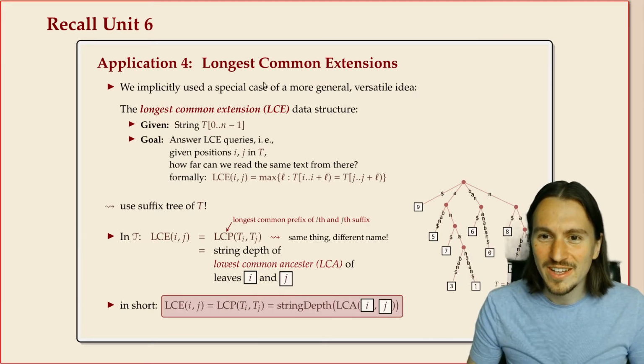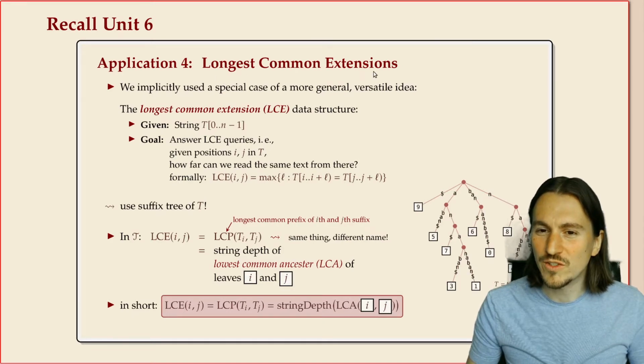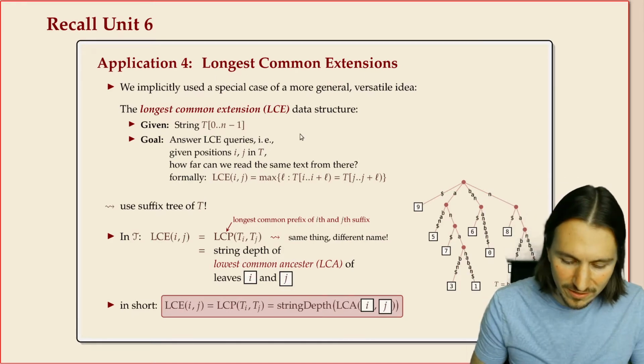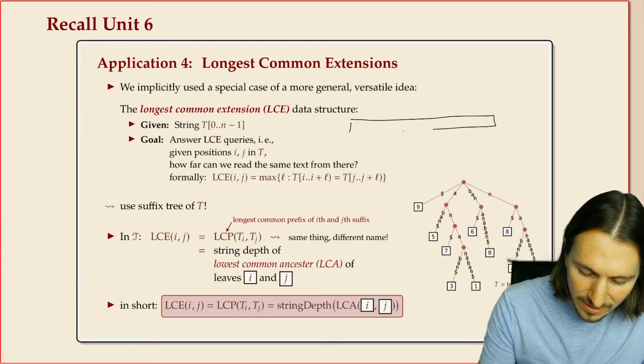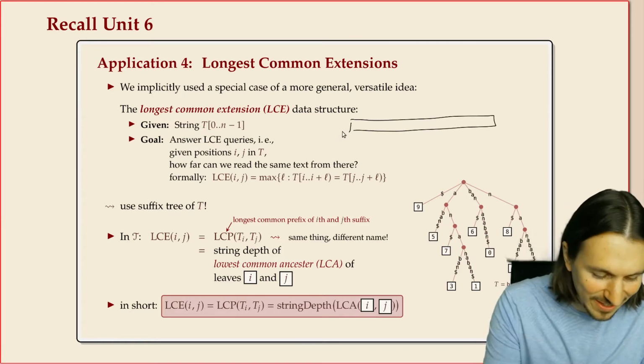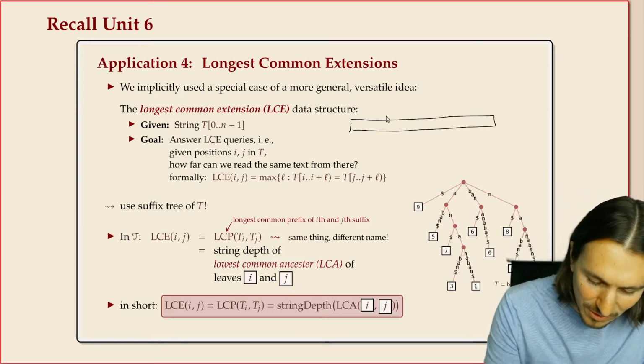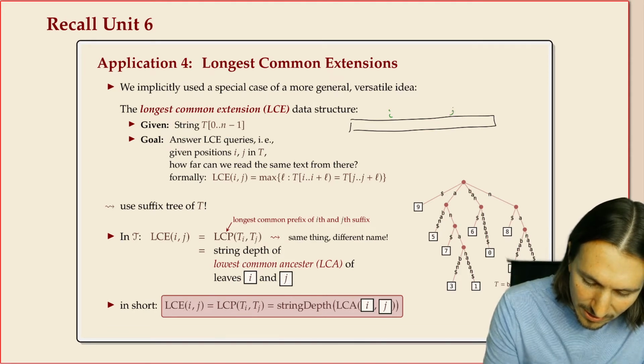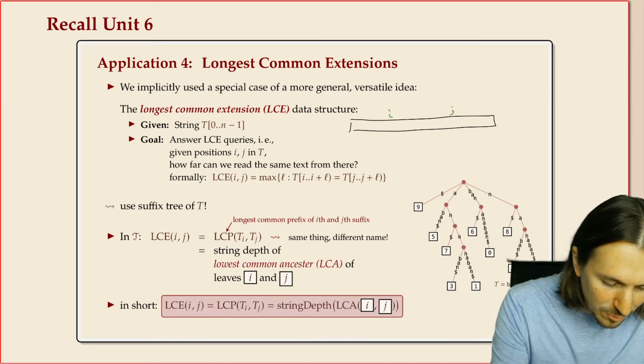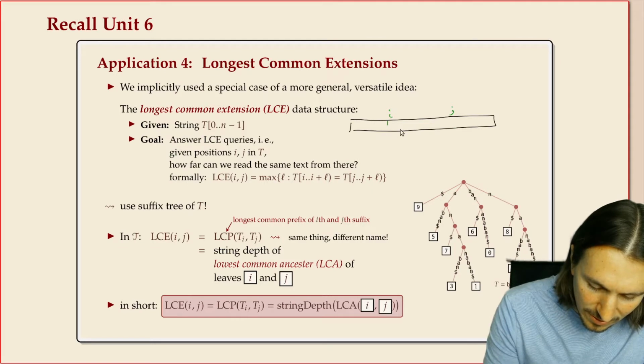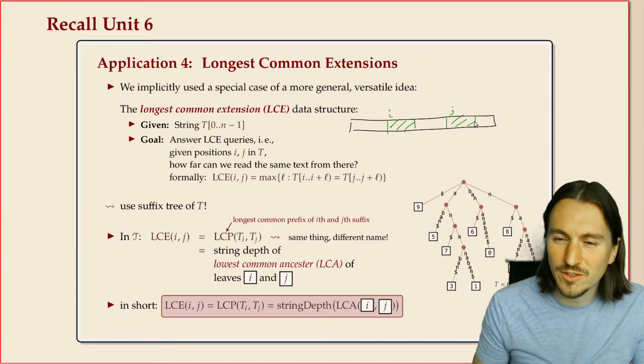So here it is. We talked about the longest common extension problem. You're given a string. My favorite diagram for this was like this. So you have two positions in a string, i and j, and you ask what is the longest piece of text that you can read so that it's the same text if you start at i and at j.